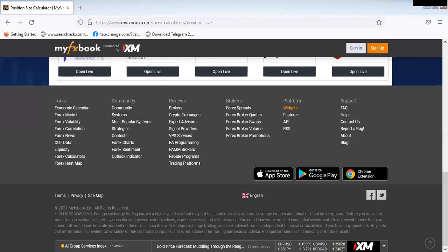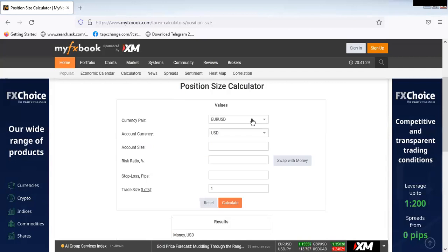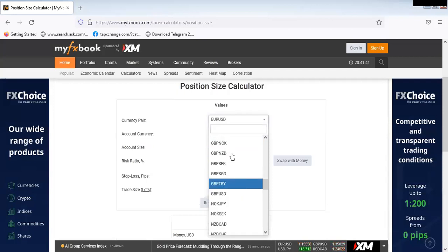Class, once that is done, then I'll come to this section. Let's say Mr. Felix, I don't know if he's in the house, wants to enter a trade. He wants to trade Euro GBP. He will search for the currency pair here.